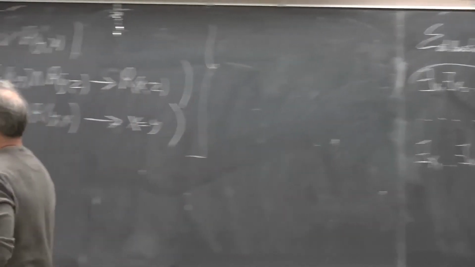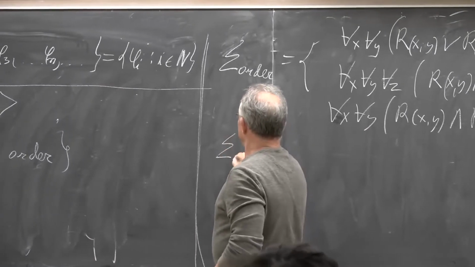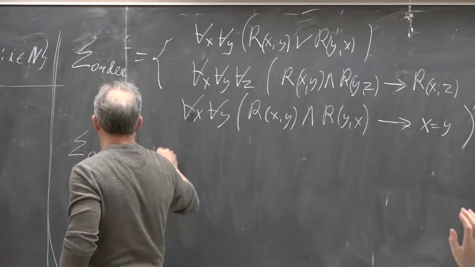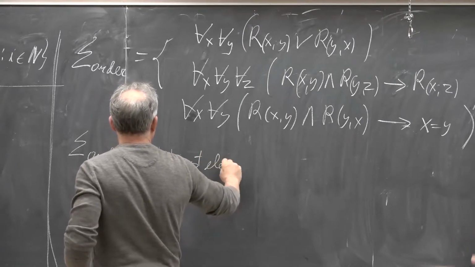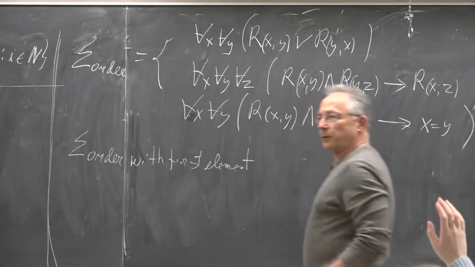So how do I say a formula that gives me the set of orders with a first, minimal element? What requirement should I add?